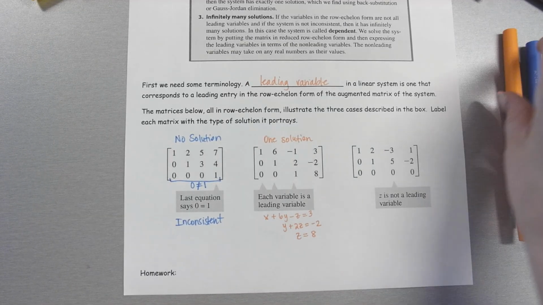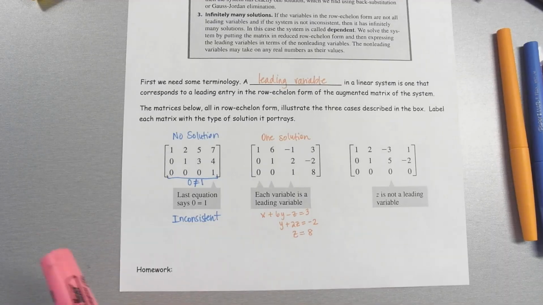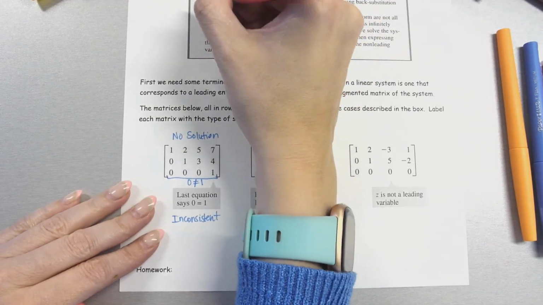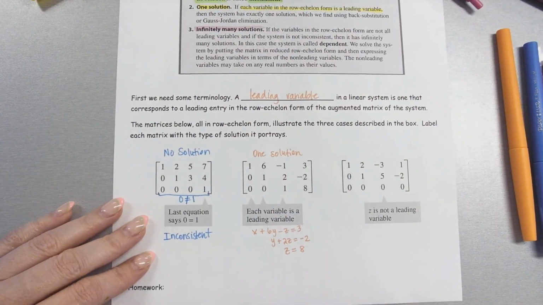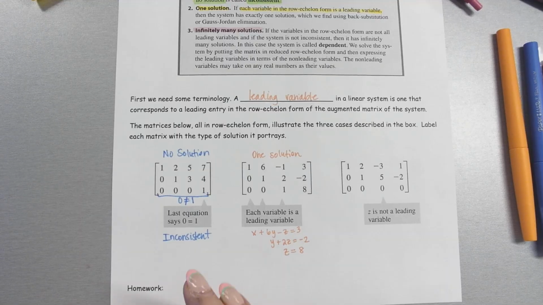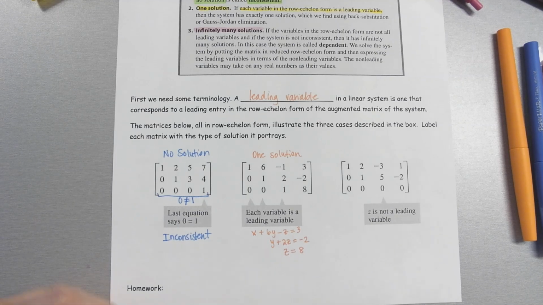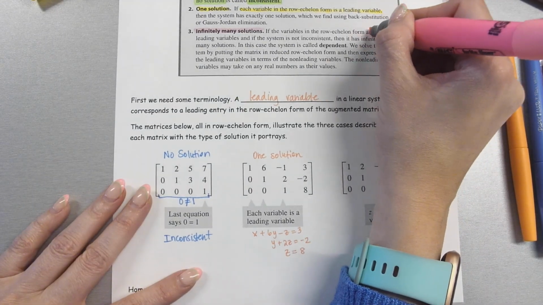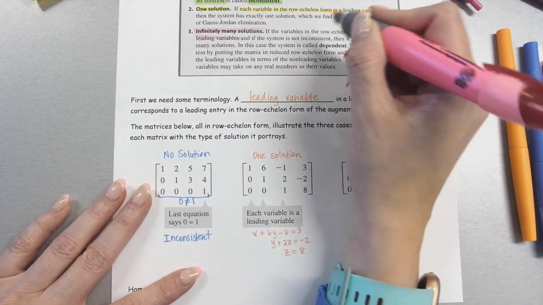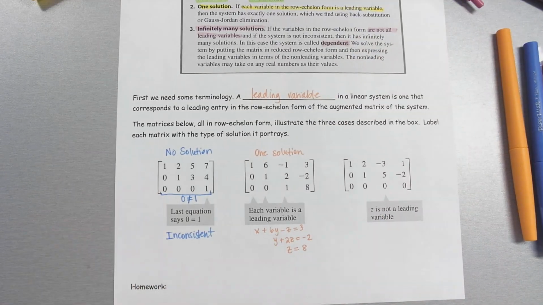And then the last type is the infinitely many. So if you have the infinitely many solutions, okay, the variables are not all leading variables, and this would be called dependent. So they are not all leading variables. It is called dependent.